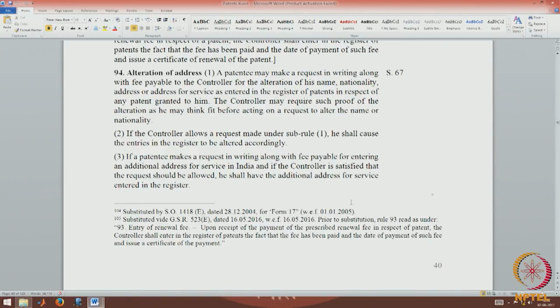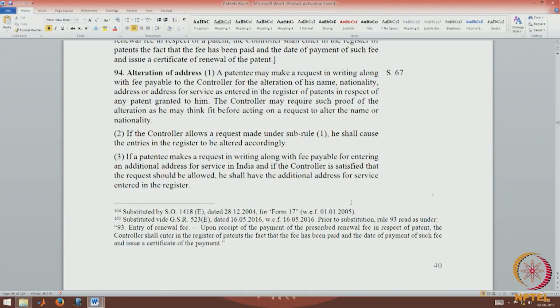For instance, if the patentee wants every notice that is being sent to the patent agent also to be sent to the headquarters in India, then this provision allows an additional address of service to be included. And you have to give reasons because the controller has to be satisfied, because then every time the controller issues some notice of service, he would also mark a copy to that address.